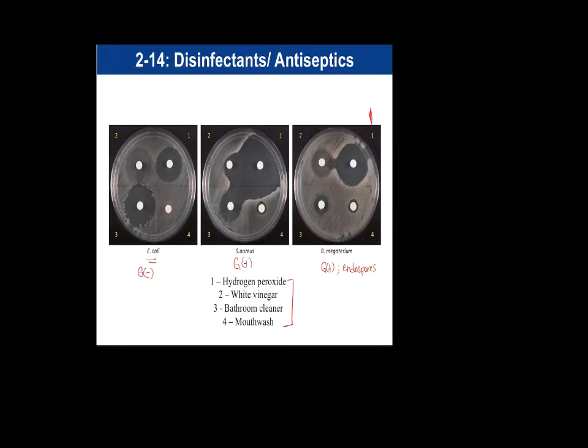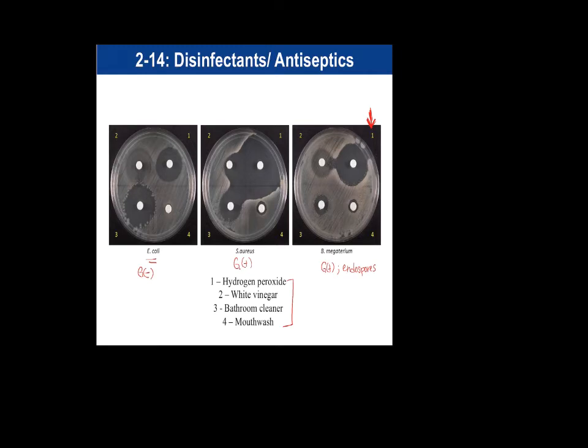You can see in the top right corner, we have number 1. That was the disc that was treated with hydrogen peroxide, white vinegar, bathroom cleaner, and then mouthwash. The bathroom cleaner isn't defined more than just bathroom cleaner, so let's assume something like a Lysol or a Clorox or a Scrubbing Bubbles kind of thing.